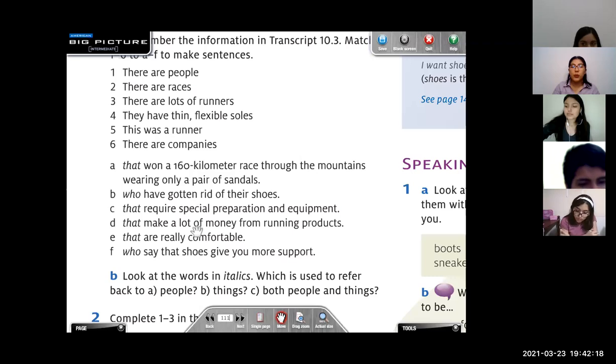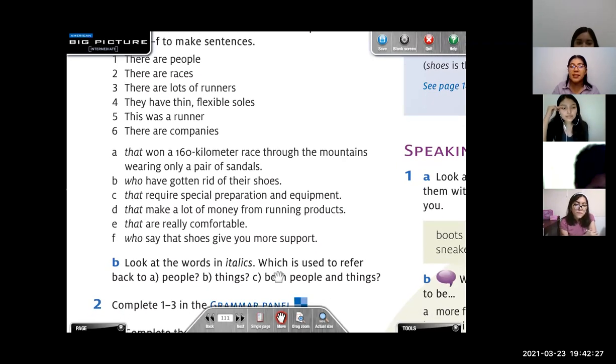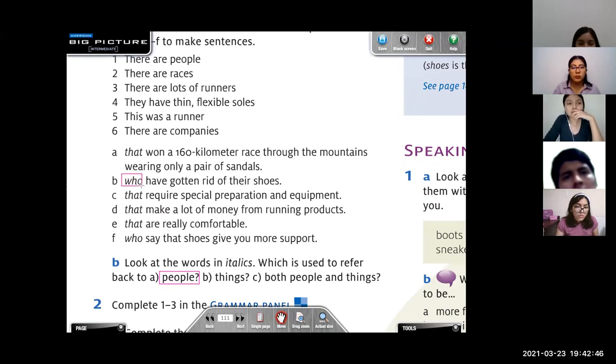Let's practice a little bit in your book, okay? As you can see, here we have who and that. These are relative pronouns, right? It says, which is used to refer back to people? Who, right?